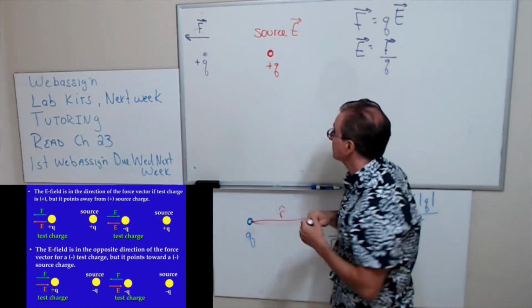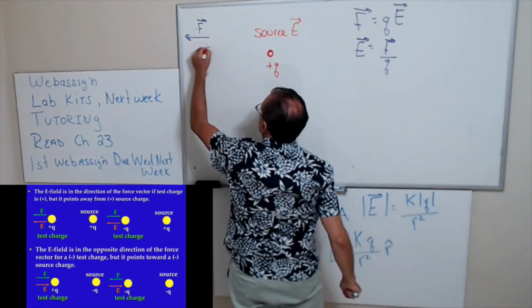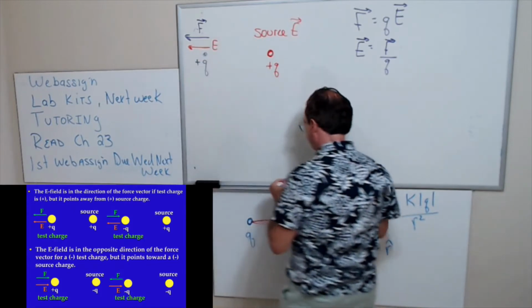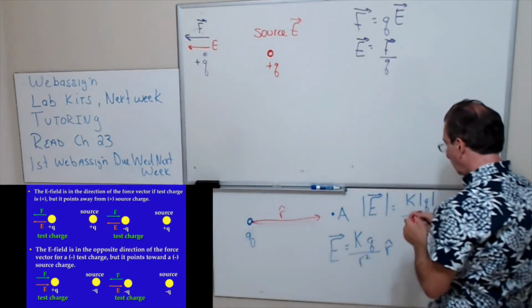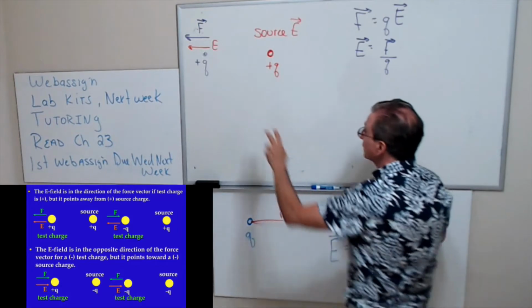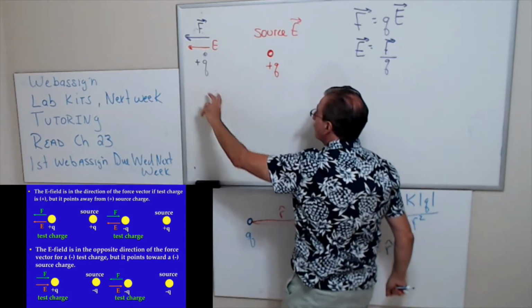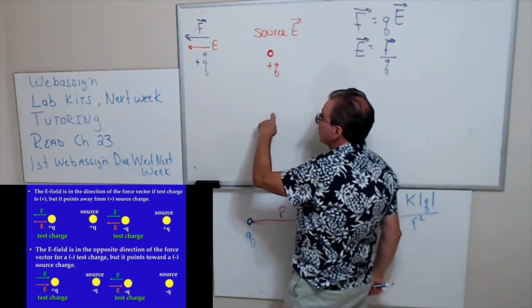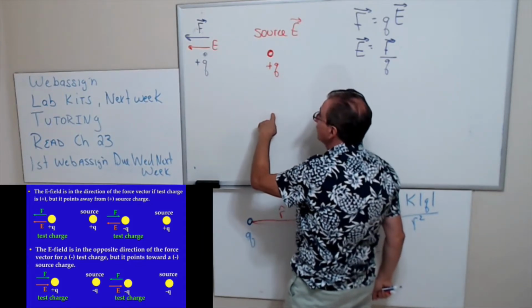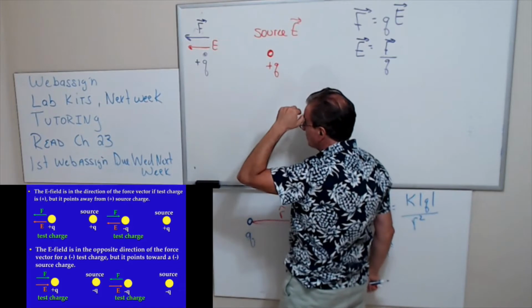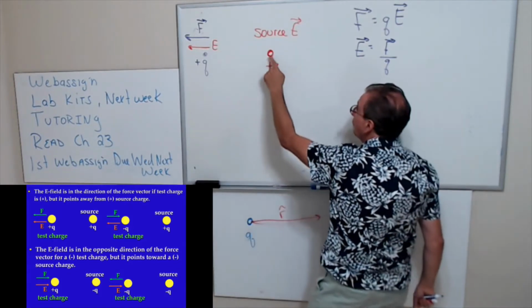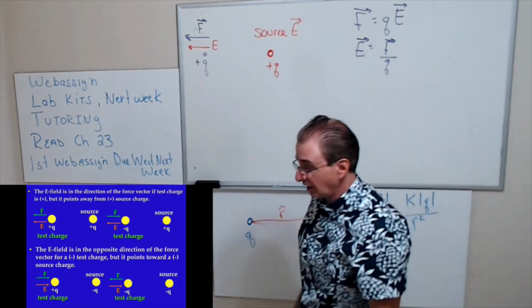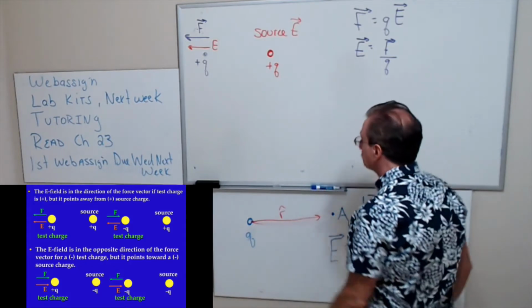It's just going to change the size of the vector. Okay, and this is going to be true wherever I put that point charge. You can put the positive test charge here, and you'll see that F and E point in the same direction, pointed away from the positive charge. You can try it.